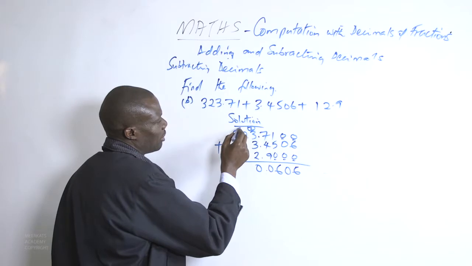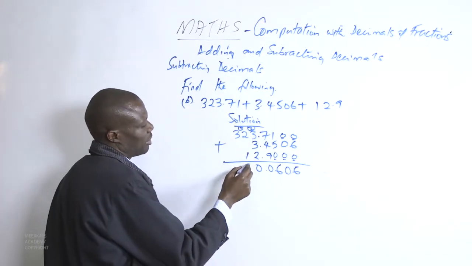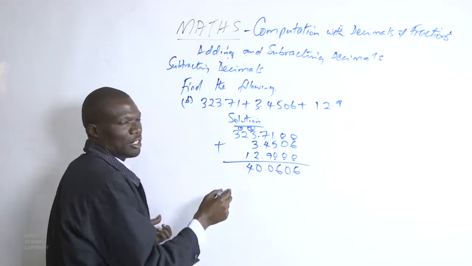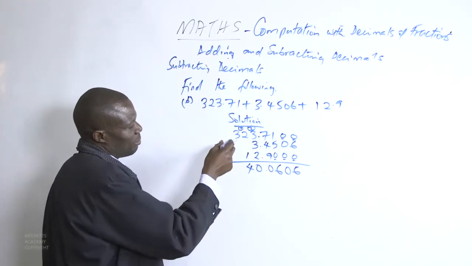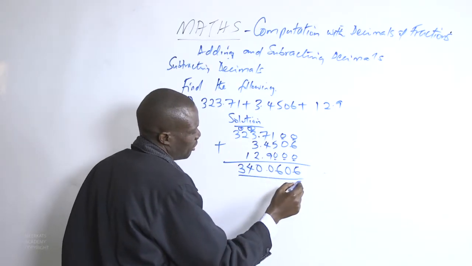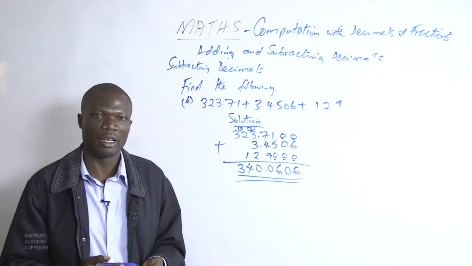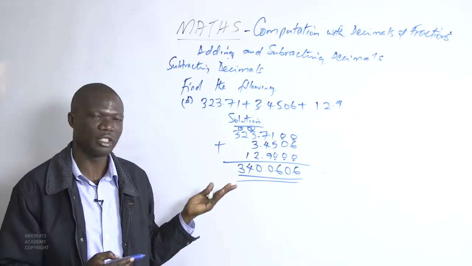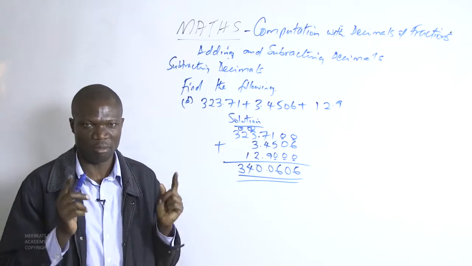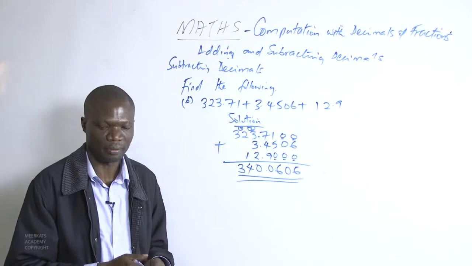Carry 1. 1 plus 2 is 3. 3 plus 1 is 4. This 3 for hundreds does not have any partner, so we maintain a 3. Now, our answer is 340.0606. Make sure all the decimal places are clearly shown.